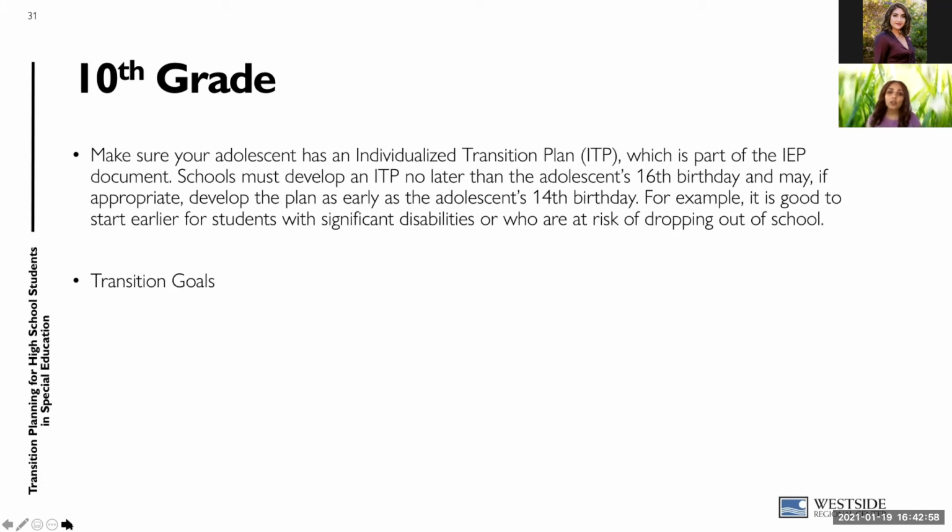That can include post-secondary education, job employment, or independent living skills, but they should have specific goals that are very SMART goals, and it should also include how the child is going to be supported in being able to achieve these goals. Next.